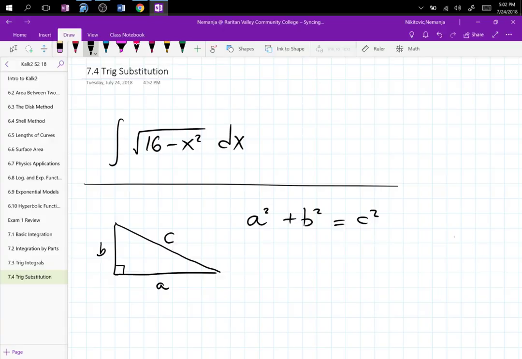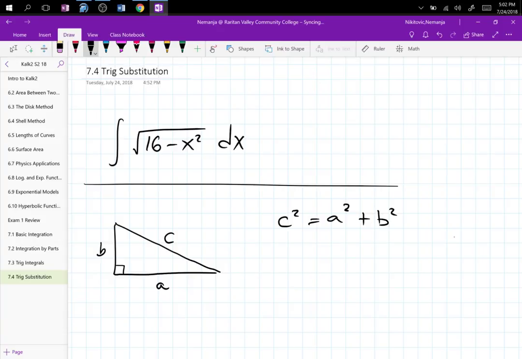So the sum of the squares of the two legs is equal to the square of the hypotenuse. The hypotenuse is the longest side. Now I'm going to write this as c squared equals a squared plus b squared. That's better, actually, to explain things.